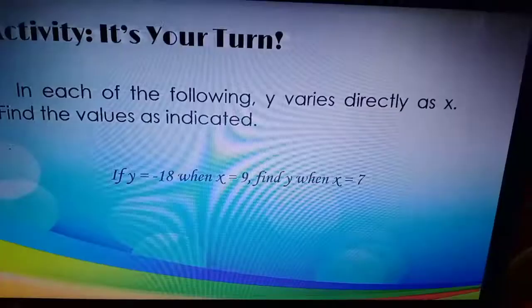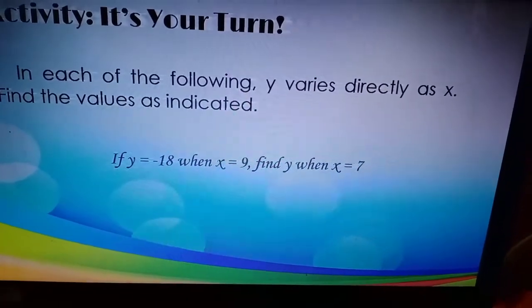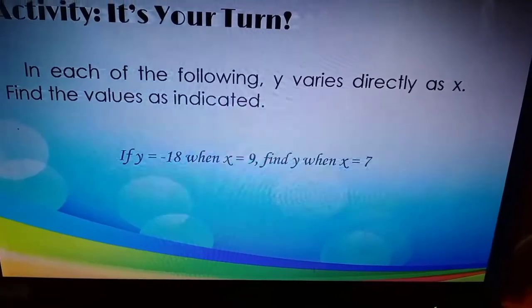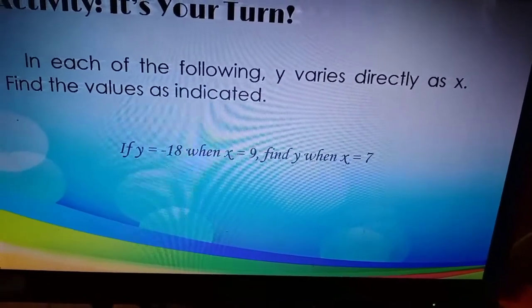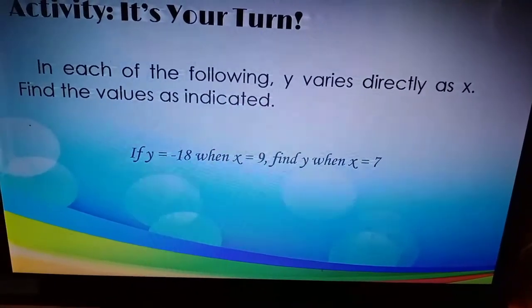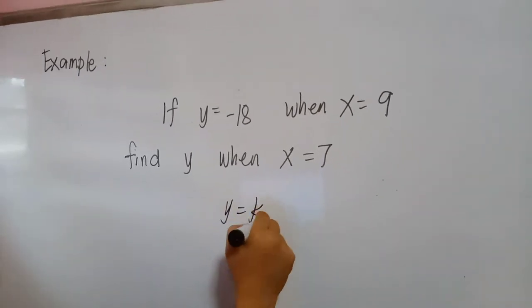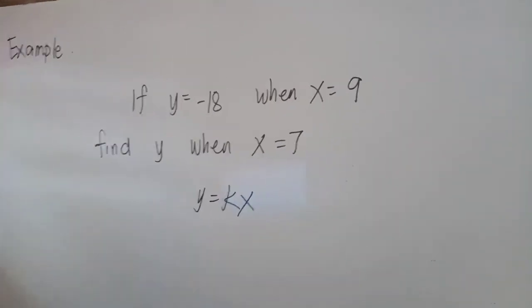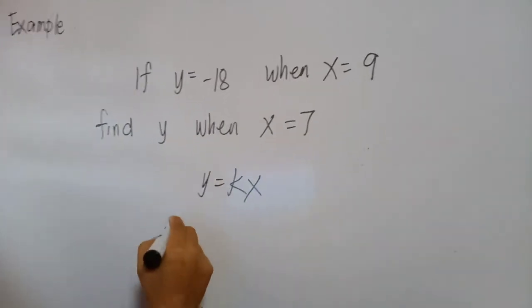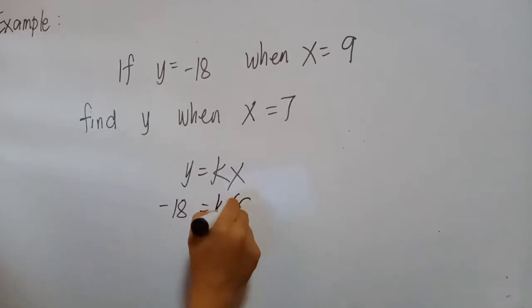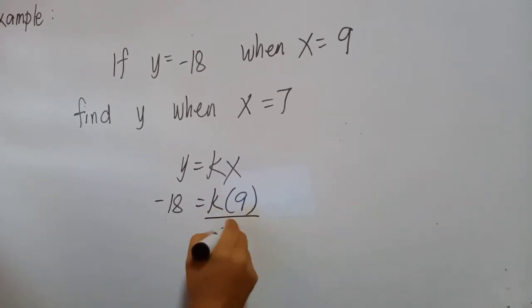Problem solved. Here is another problem. If y equals -18 when x equals 9, find y when x equals 7. y equals kx. Using the first given, substitute: -18 is k times 9. Divide both by 9.